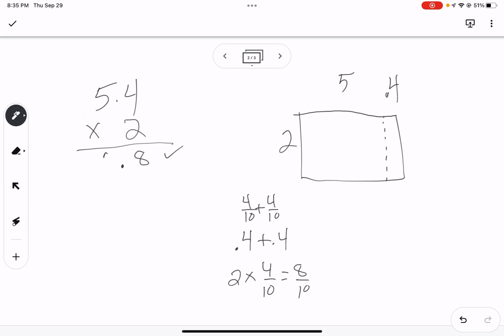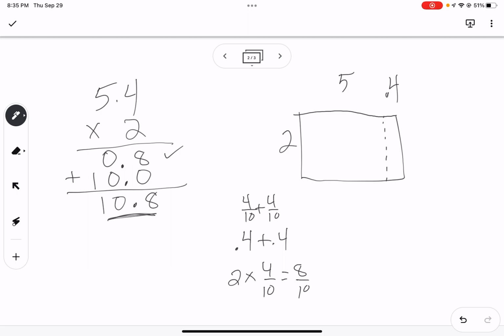So over here I have no tenths, but now I have 10 wholes. And then, just like the last step in the algorithm, we are going to add everything up. And what do you know? You got the same answer as last time using the algorithm.